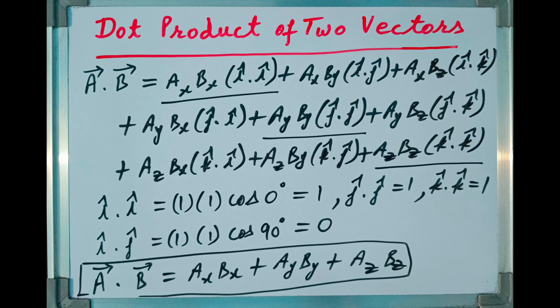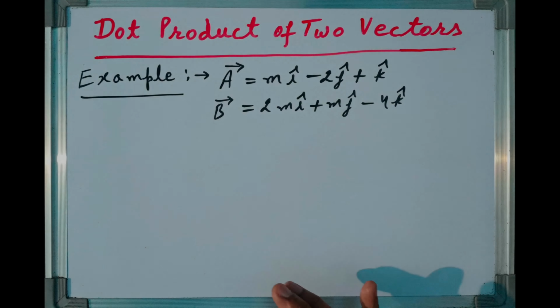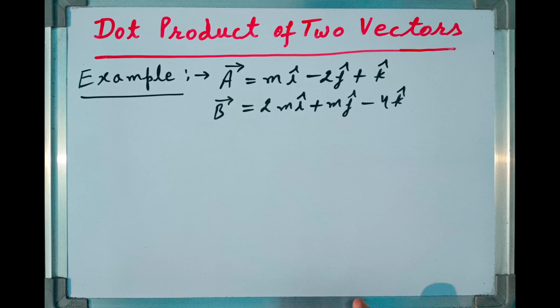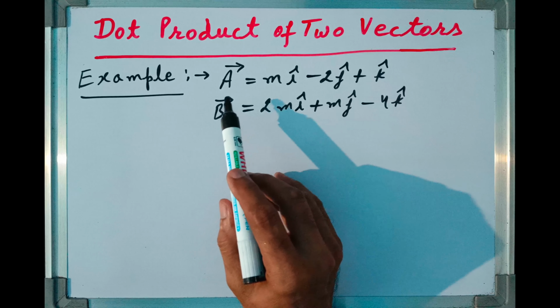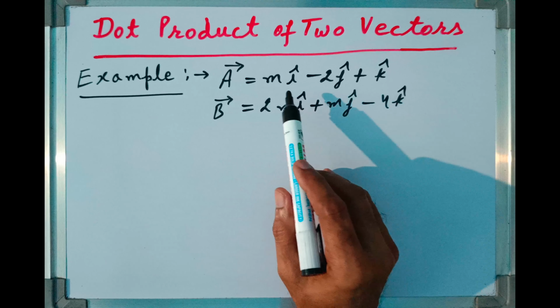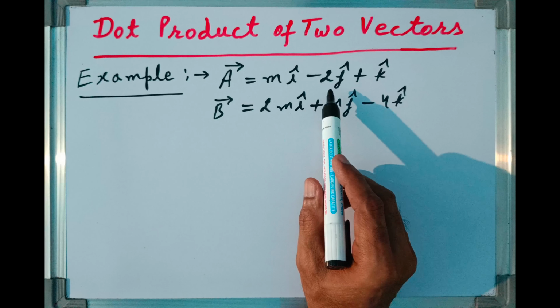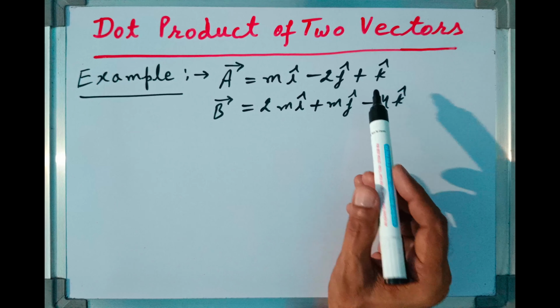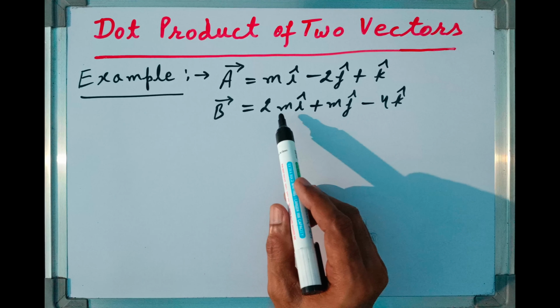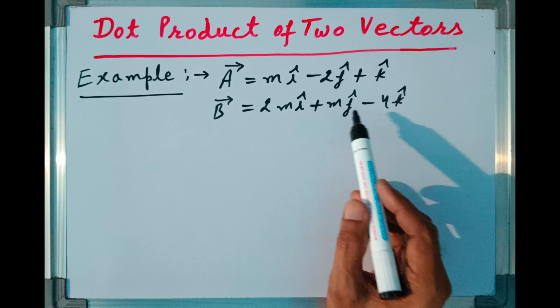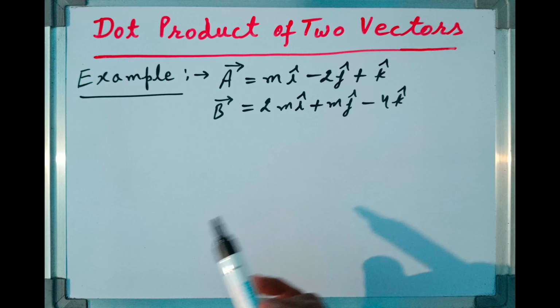Let me take an example. Suppose we are given two vectors, vector A is equal to m i cap minus 2 j cap plus k cap. Vector B is given to us as 2m i cap plus m j cap minus 4 k cap.